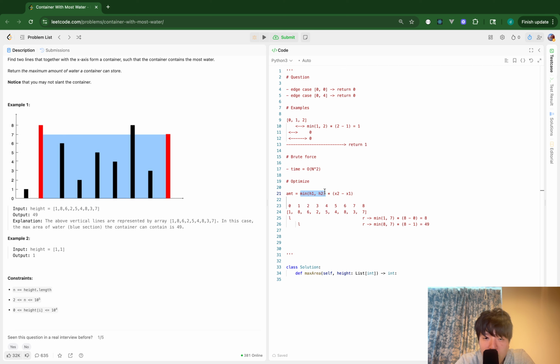Or maybe it can be equal or decrease. And x2 minus x1 definitely decreases because the distance between them is shortened. So the only way I can do is to move the right pointer. Then I calculate it, okay? But actually, this decreases the amount.